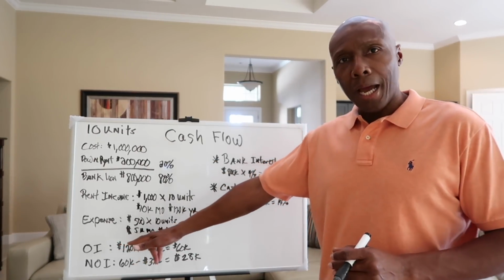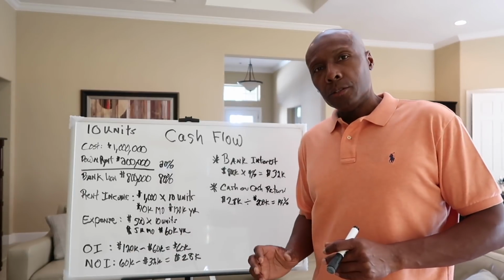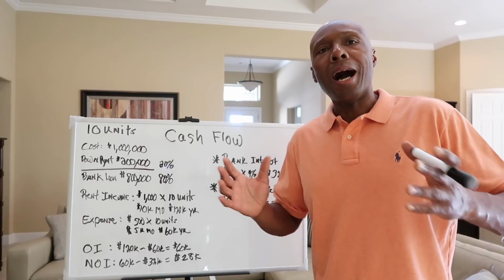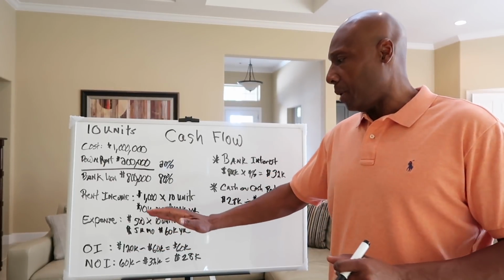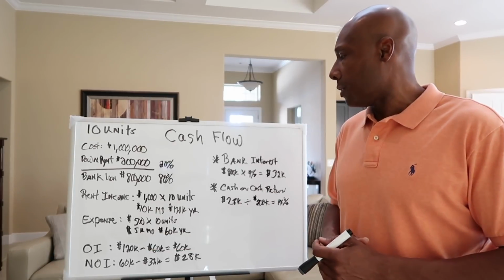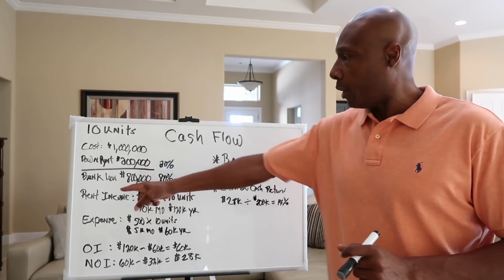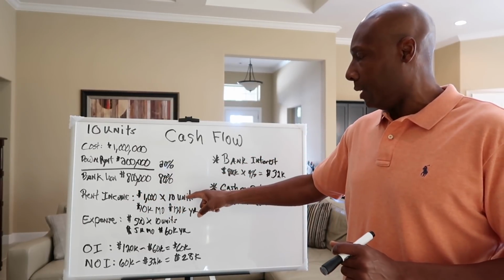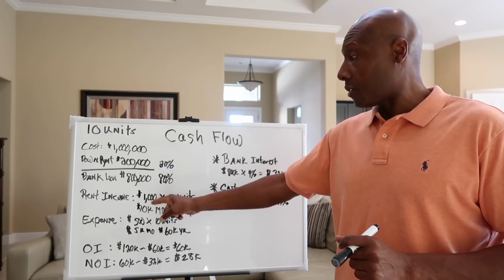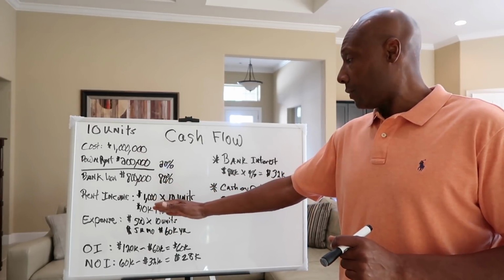So now let's move down to what I call OI, which is abbreviated for operating income. Now your operating income is going to be $60,000 per year. And where I get that from is your rental income, again, is $1,000 a month per unit. So that's $10,000 a month for those 10 units.